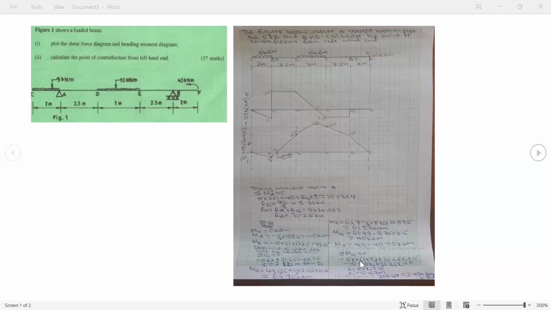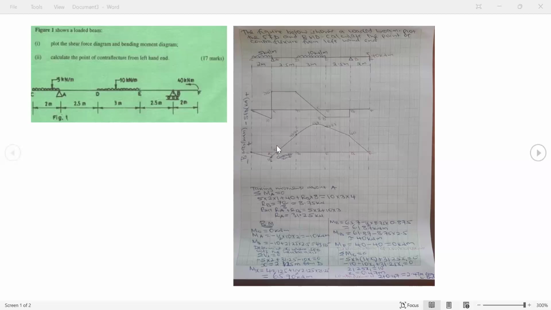And what you need to know is that at point of contraflexion, the sum of bending moment is equivalent to 0. Now, assuming I call it x1, I can assume the distance from A to that point, I give it a value x1.